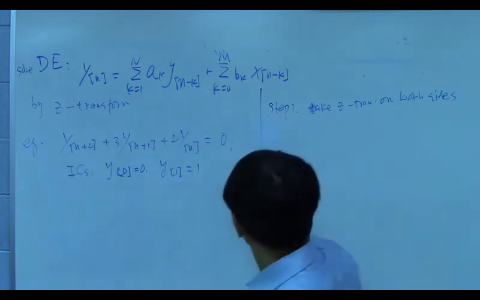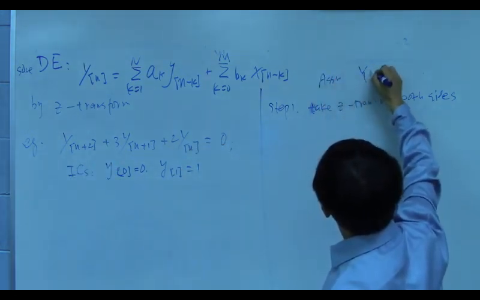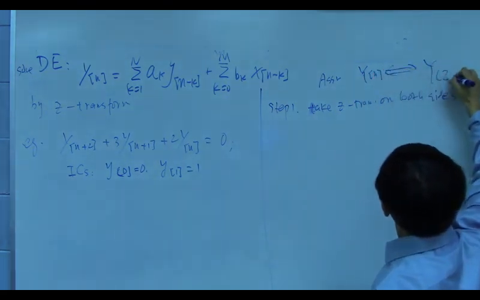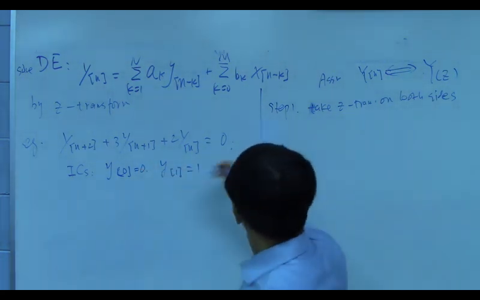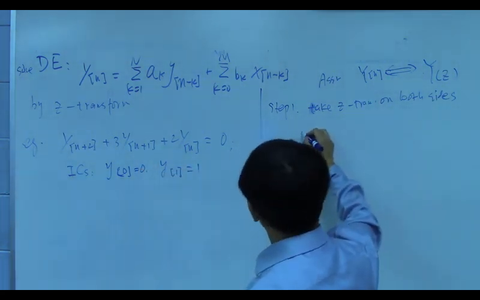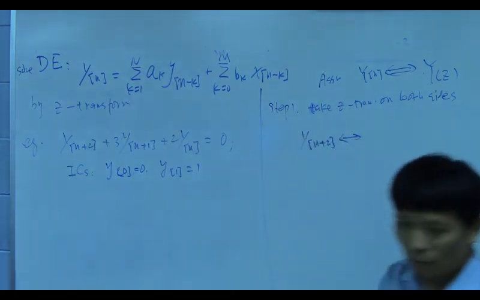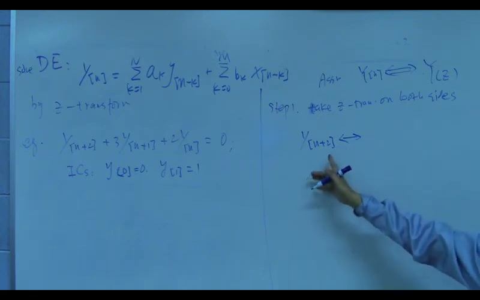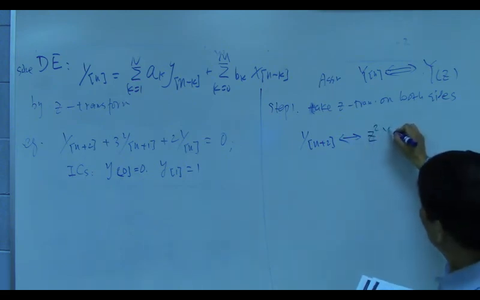Suppose we assume y(n) gives us Y(z). Then y(n+2), what is this? This is the left shift theorem. We shift this one to the left by 2.